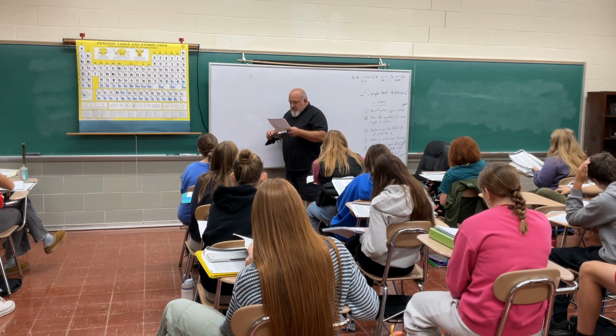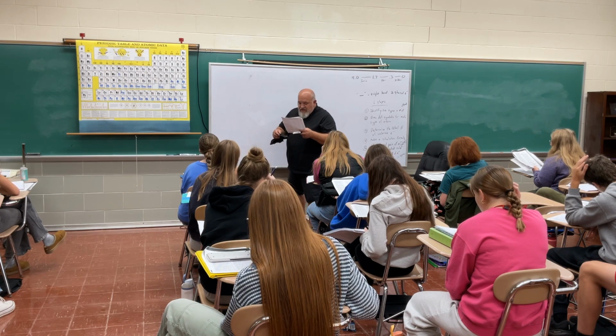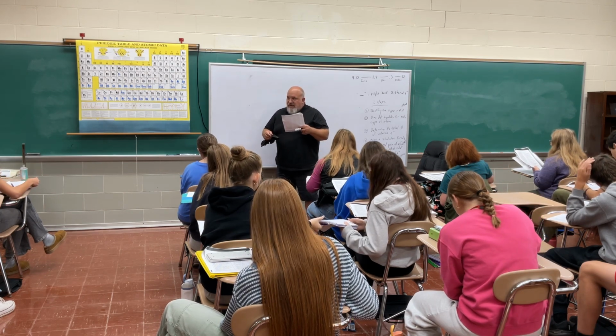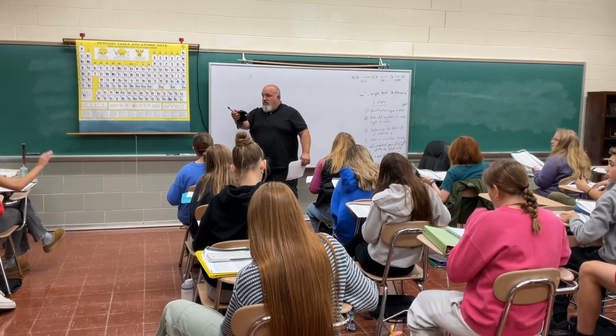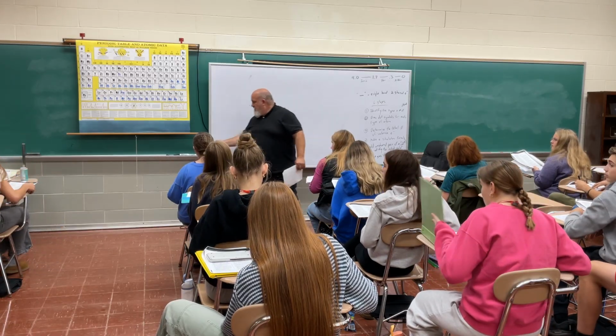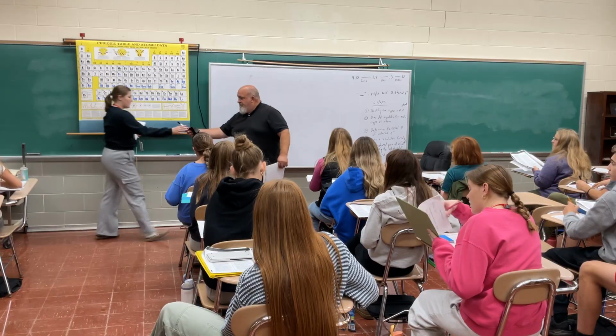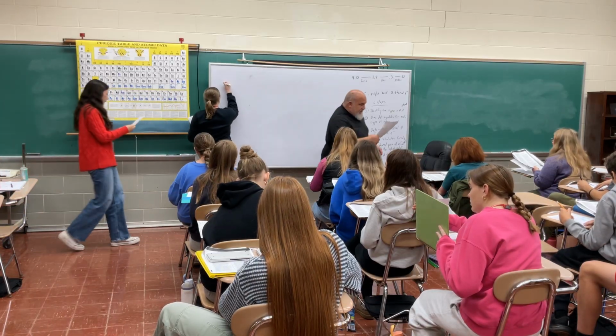Let's draw Lewis structures for number 5, A, B, and C. All right, you're doing A, you're doing B, you're doing C. All right, come grab a marker. We're doing 5, A, B, and C.